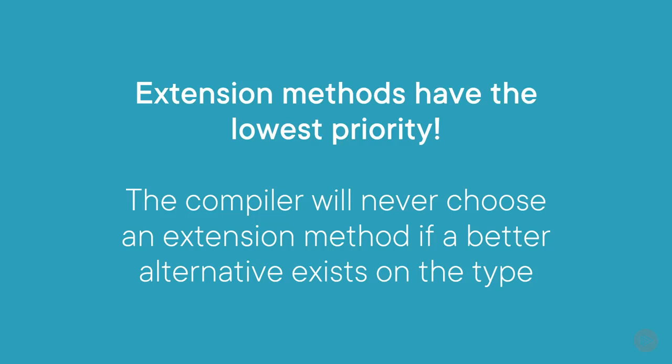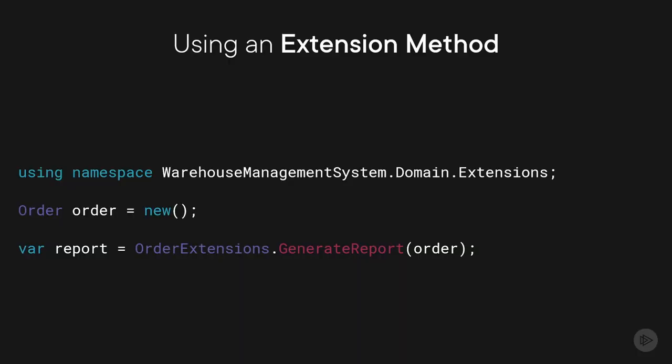This means extension methods have the lowest possible priority. Since the extension method is a simple static method, you could of course call it directly, which also explains why you're not able to access private fields, properties, or methods on the type, because internally, this is exactly what's going to happen.